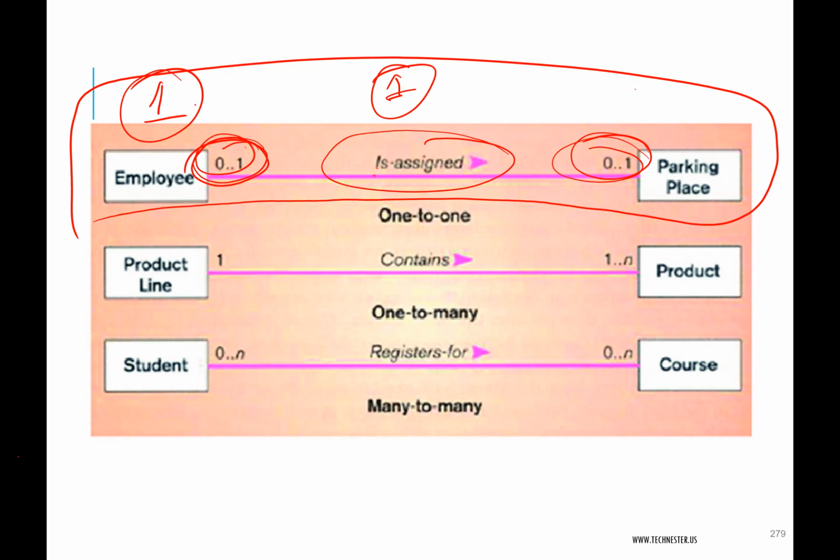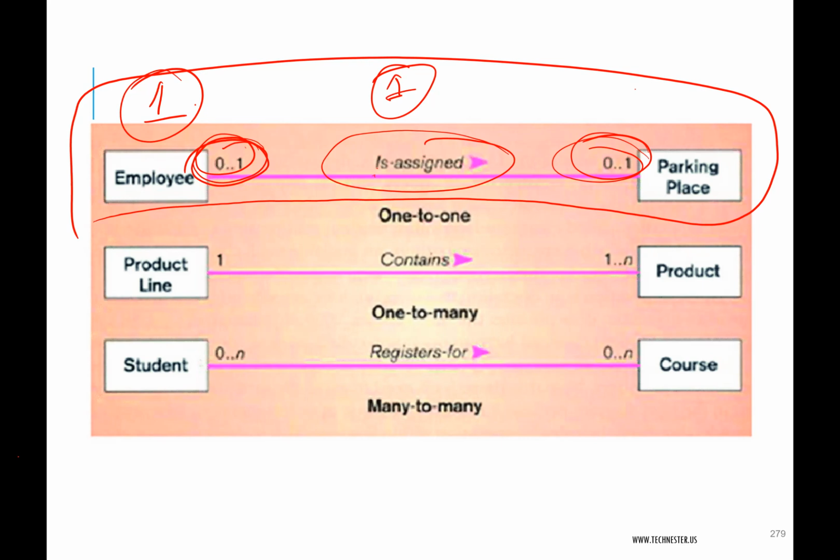So imagine you have an office in a building. It's possible that the building you have an office in does not have parking space. You are the only employee, you are the sole proprietor. Some of you work in places like that where you go and do business, but there's no parking space assigned to you. Maybe you can park anywhere. That's not what we're talking about, but there's no place assigned to you.